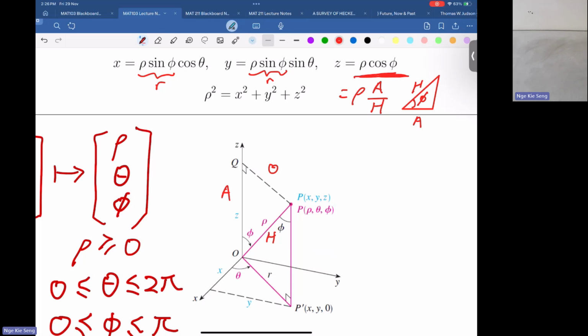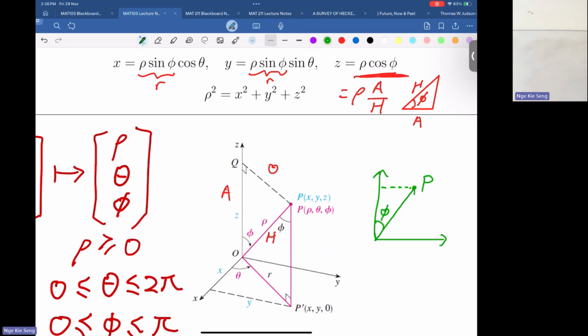This is exactly the opposite edge of the angle phi. Can you imagine it? It's better to draw it straighter, so let me draw like this. Here is P, and here is phi.